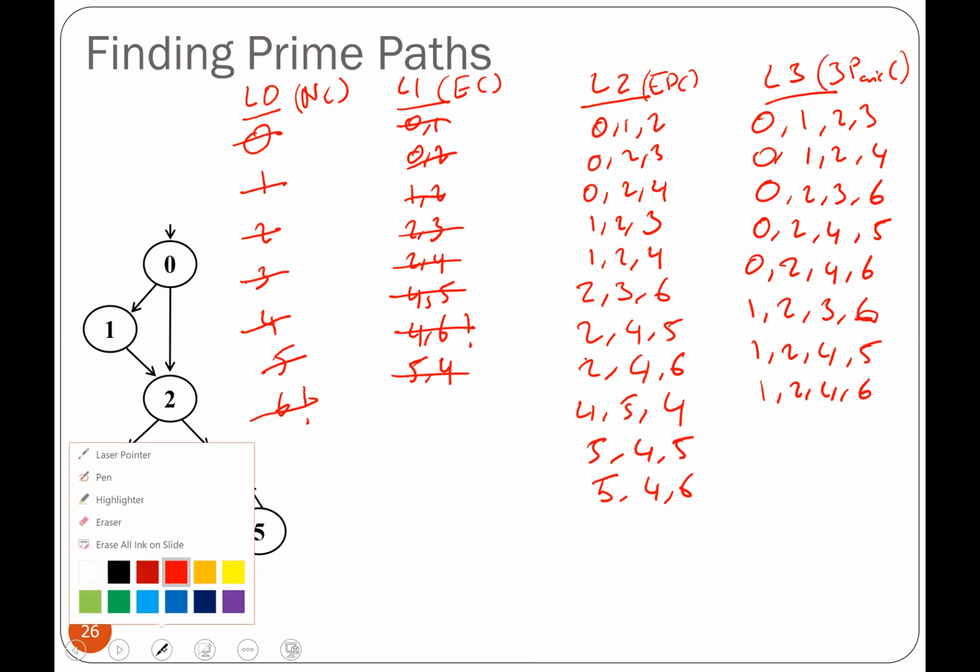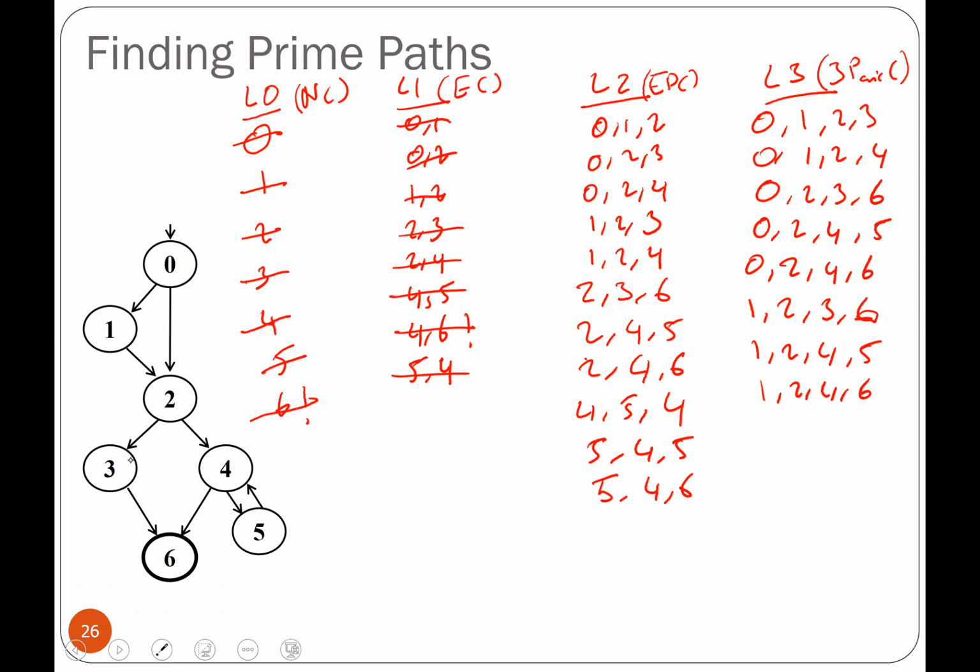Banan, it's your turn now. So Banan, we're gonna be looking at this, and I need you to tell me what's in here that is already subsumed over there. 0, 1, 2, is it subsumed? Yes. 0, 2, 3. Yes. 0, 2, 4.